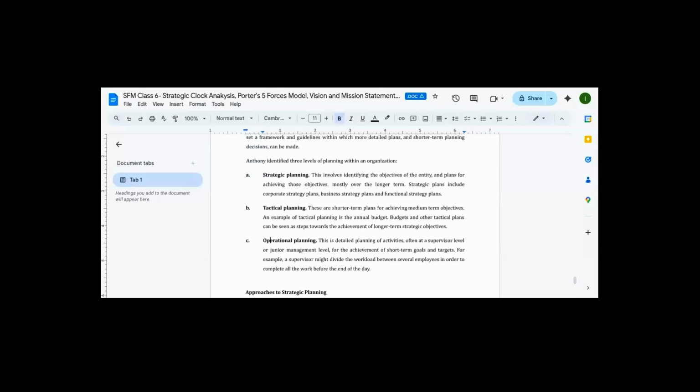The third one, operational planning. Operational plans are detailed planning of activities, often at the supervisory level or junior management level. Some cover day-to-day operational activities, some cover weekly or monthly operational activities.